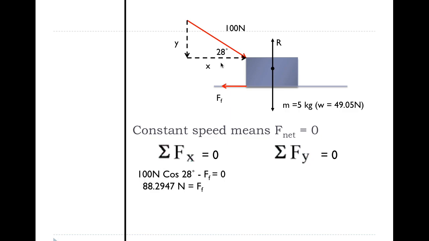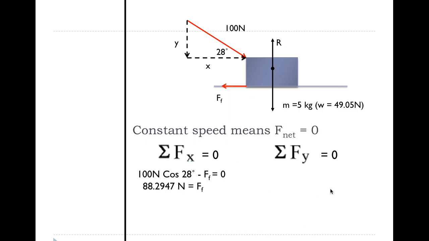What I have here to solve for x is 100 newtons cosine of 28 degrees minus, this is going in the opposite direction of my applied force, so therefore friction is going to be negative. We set that to 0, solve for everything that we can here with the calculator, and we get that the force of friction is going to be 88.2947 newtons.